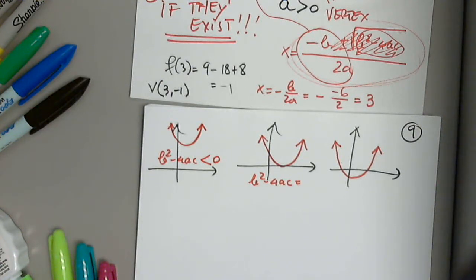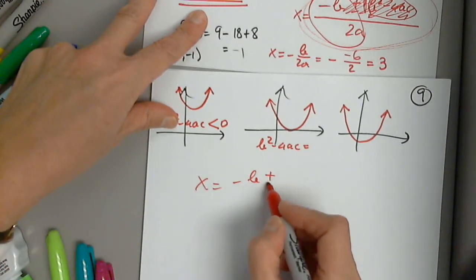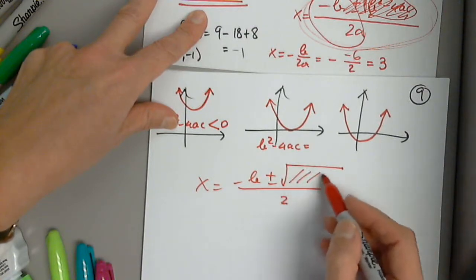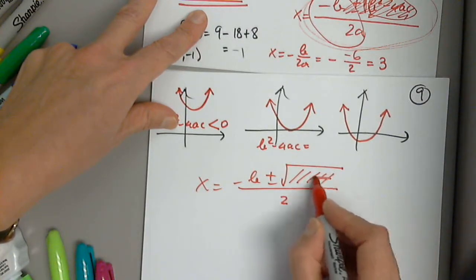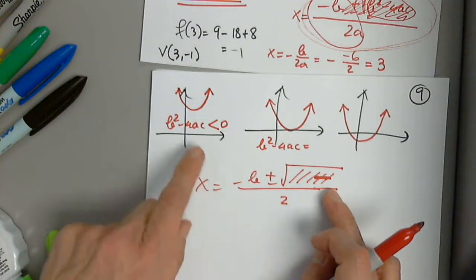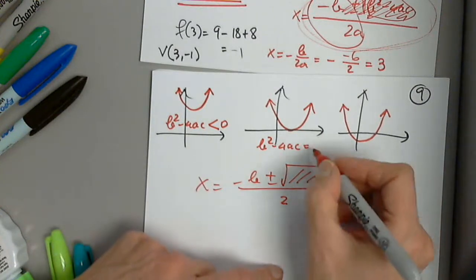So x equals negative b plus or minus the square root of a number divided by 2. If this number is negative, you cannot take the square root from it. So then the solutions don't exist. Is it 0? Yes, it is 0.